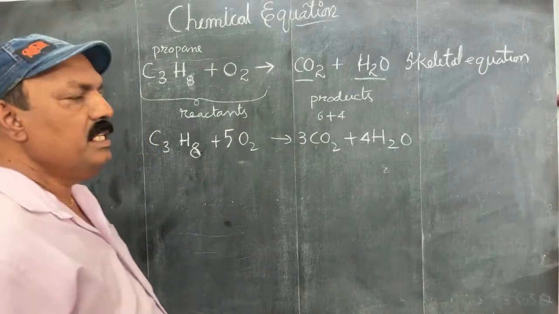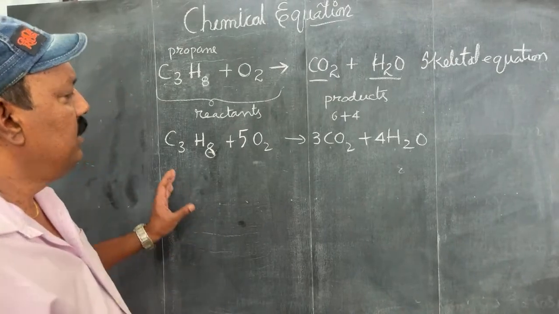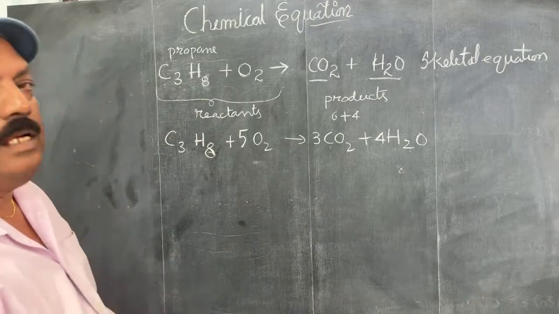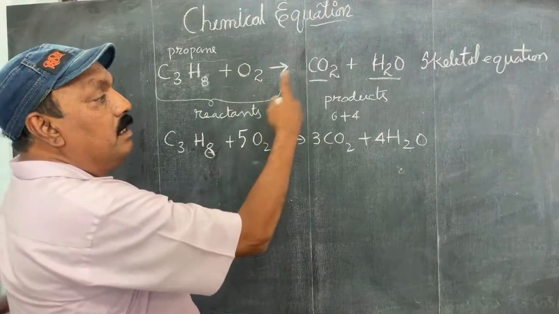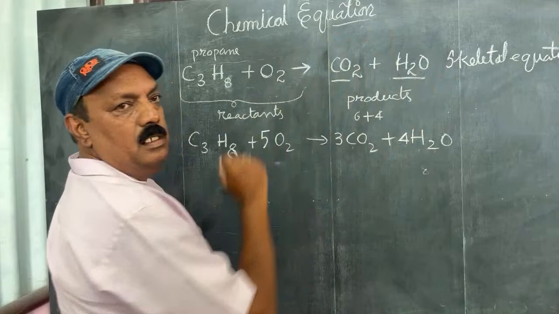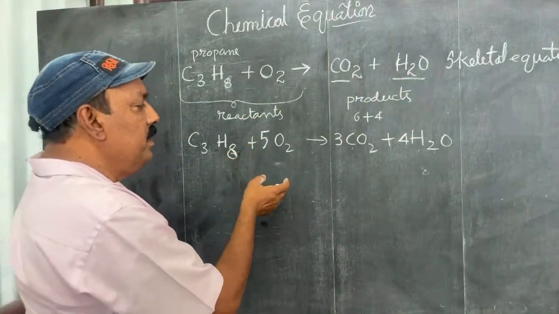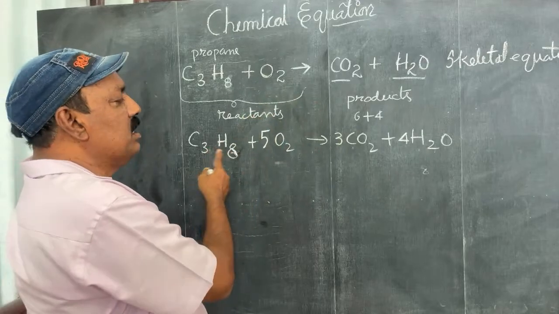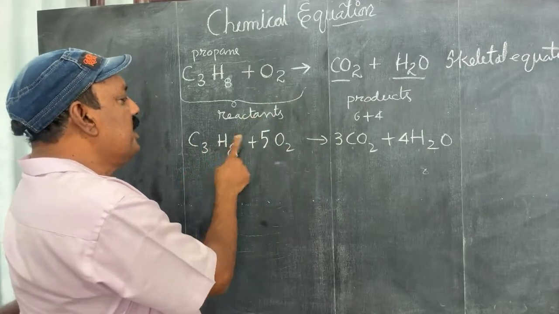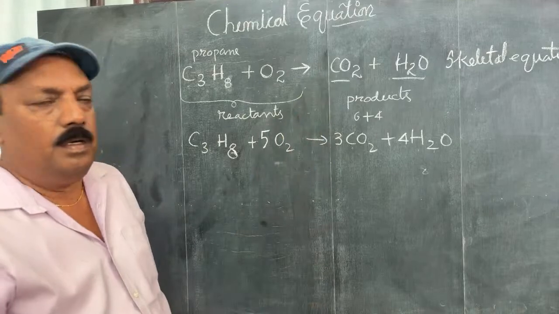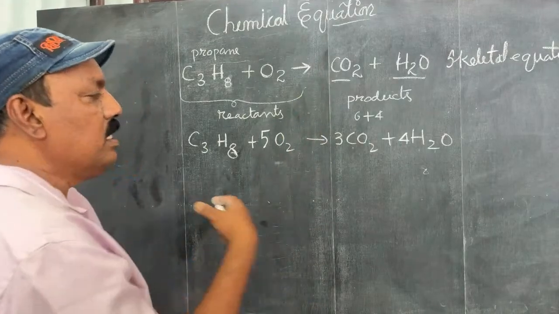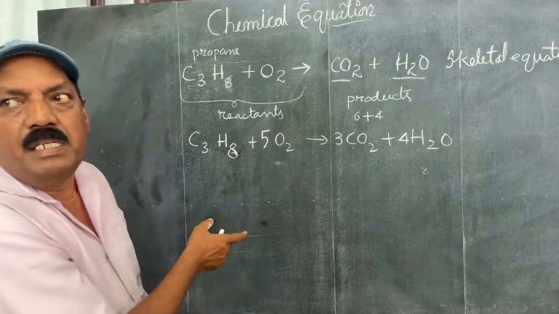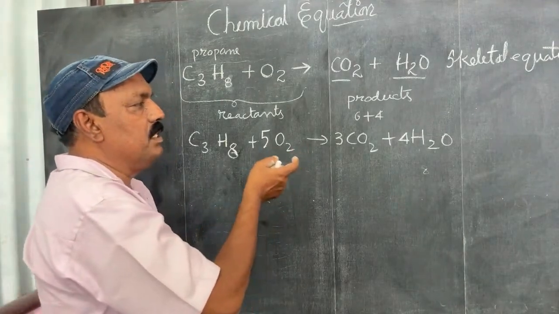Every time we first get an unbalanced chemical equation, which we call a skeletal equation. Thereafter, we balanced all three elements, carbon, hydrogen and oxygen, in a ratio manner, and now this equation gives complete satisfaction to the law of conservation of mass.